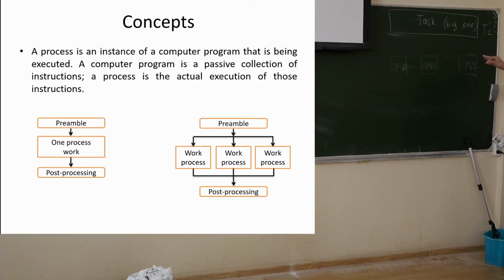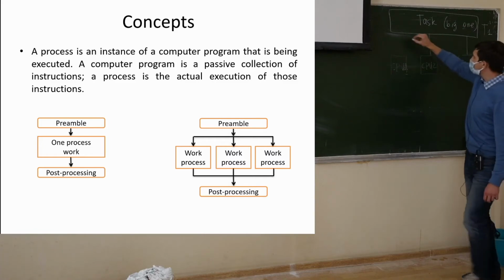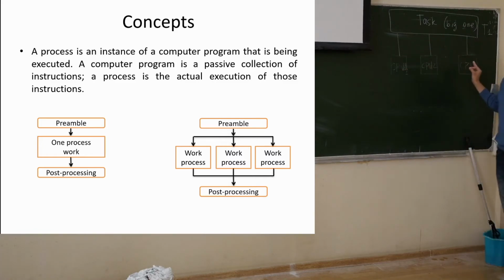To make the calculation time less, you have to divide your task into 3 parts, for example, and let these 3 parts run simultaneously, each part on its own CPU.